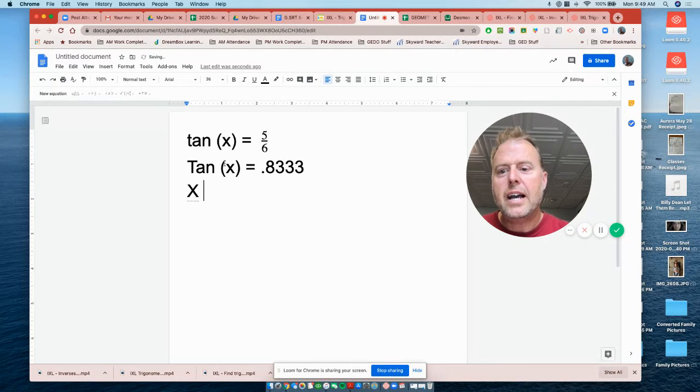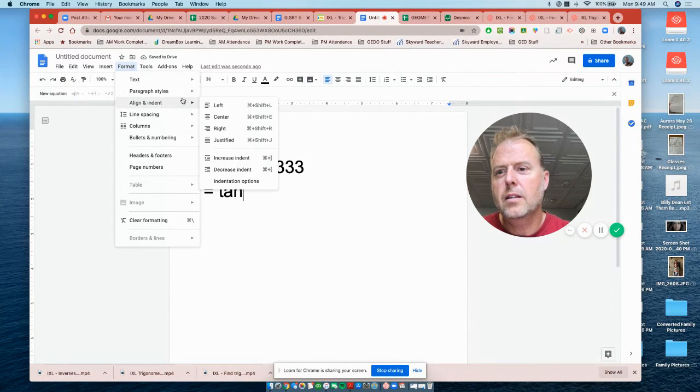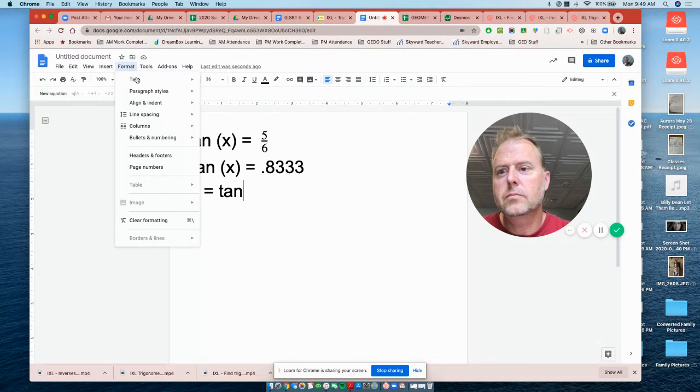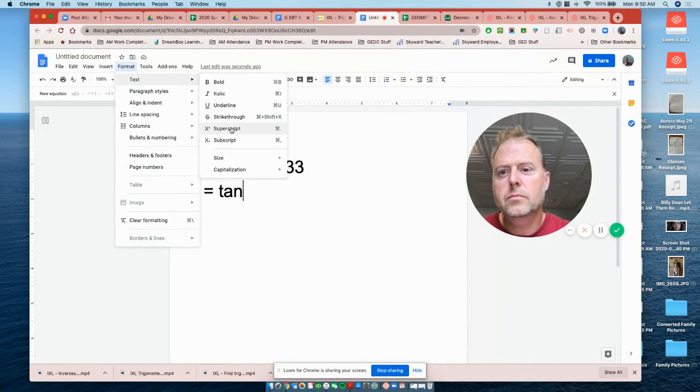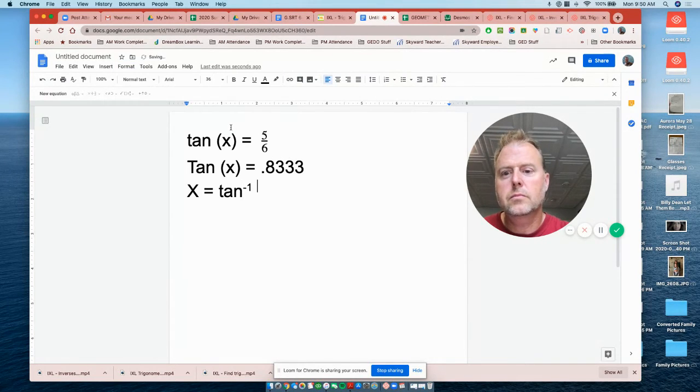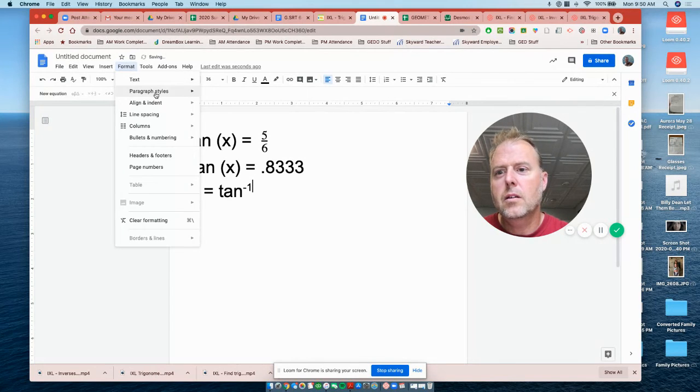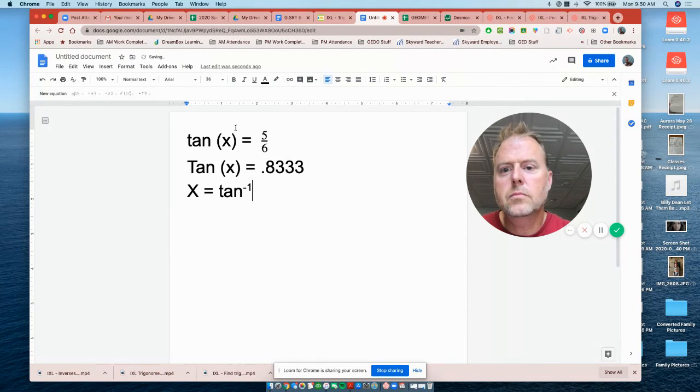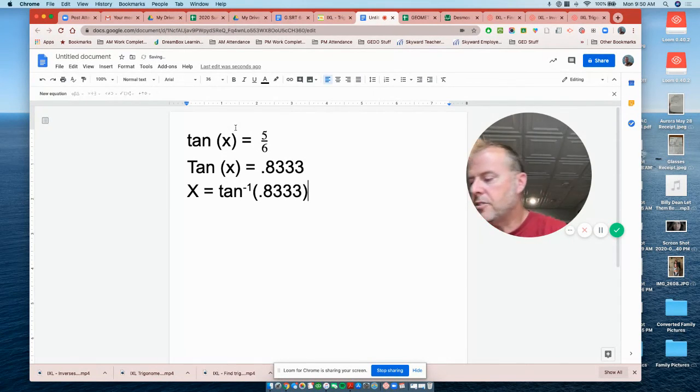Okay, so x is going to be equal to the tangent inverse of 0.8333. And I just go to my calculator, second, and 0.8333, and I get 39.8.